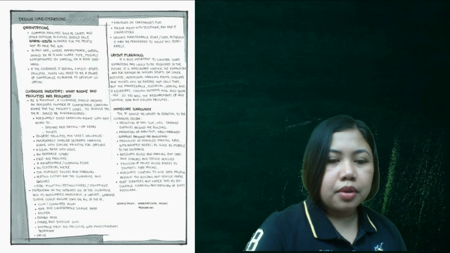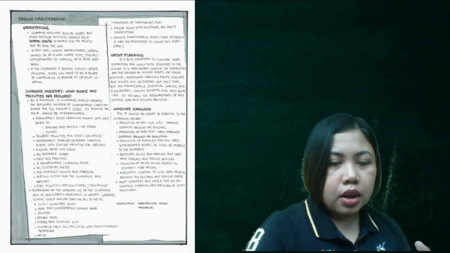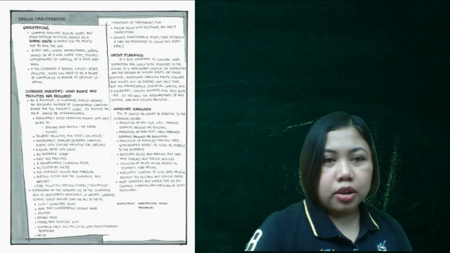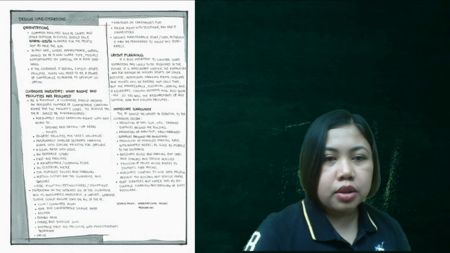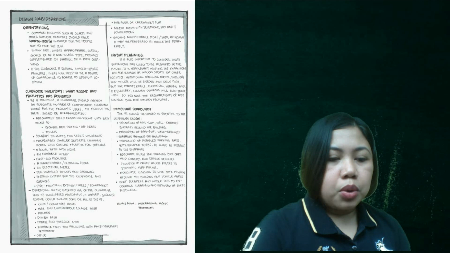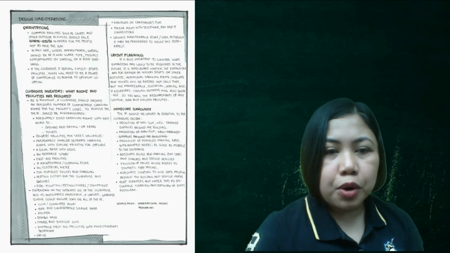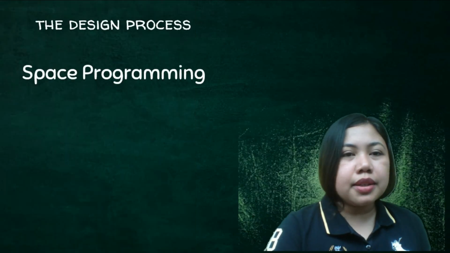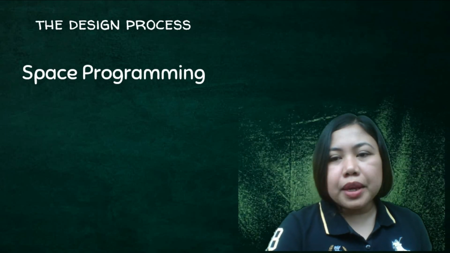So that's an example of a good research. And also the presentation. He has drawings or illustrations to express or to write down necessary information. So next step in the design process is you create your space programming.